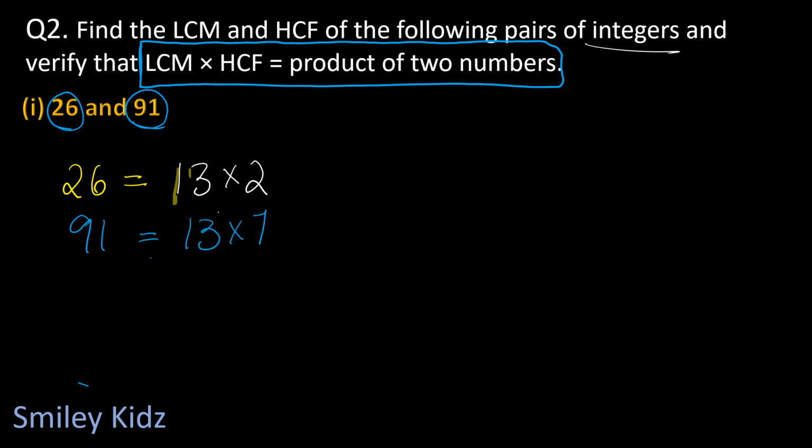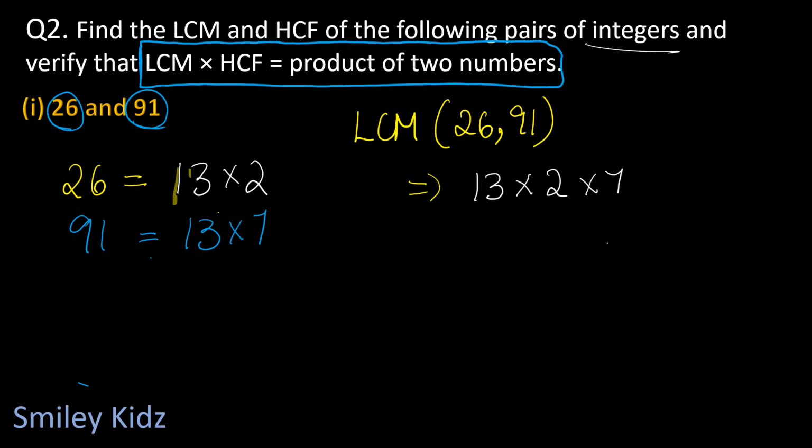Now what is the LCM of these two numbers? LCM of 26, 91 will be the product of the greatest powers, isn't it? And we observe that in this case the LCM will be equal to 13 times 2 times 7. Alright, now what is this equal to? 13 times 2 times 7 is equal to 182, isn't it?